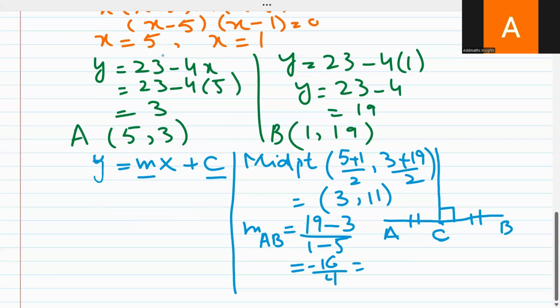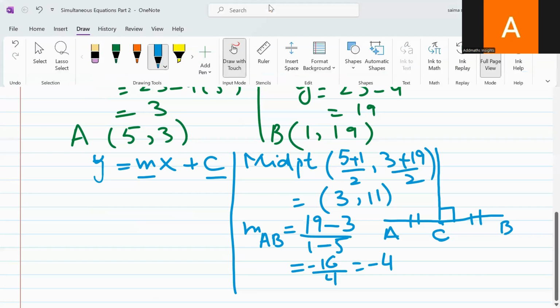So the gradient of AB is minus 4 and the gradient of the perpendicular bisector is the negative reciprocal. The reciprocal of this will be 1 by 4.